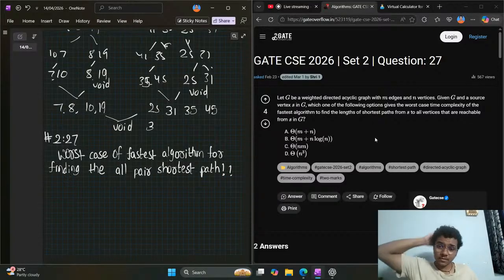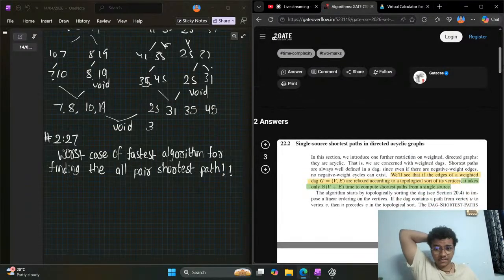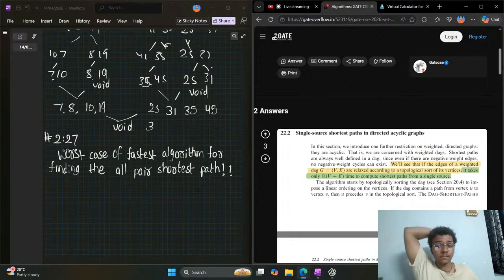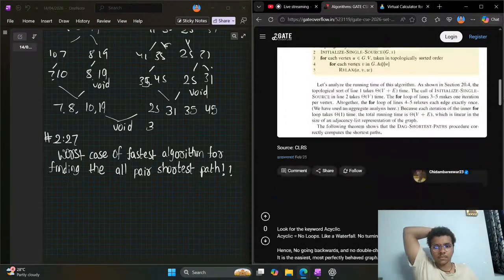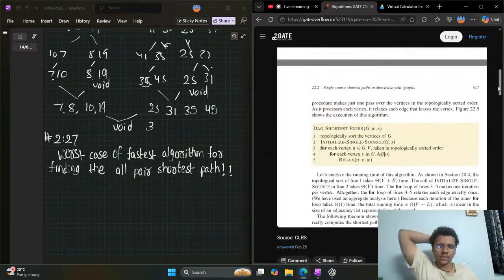What algorithm do you know for all pair shortest path? Source CLRS.